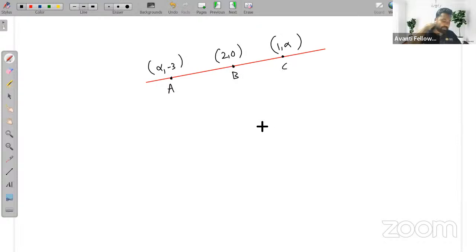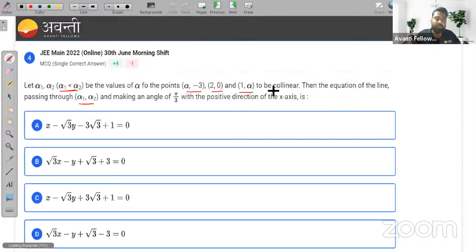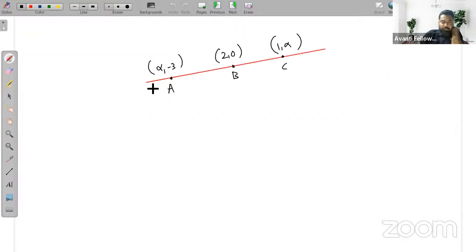It is also given that the equation of line passes through the point alpha 1, alpha 2 and makes an angle of pi by 3 with the positive x-axis. Suppose this is the line passing through the point alpha 1, alpha 2 and making pi by 3.